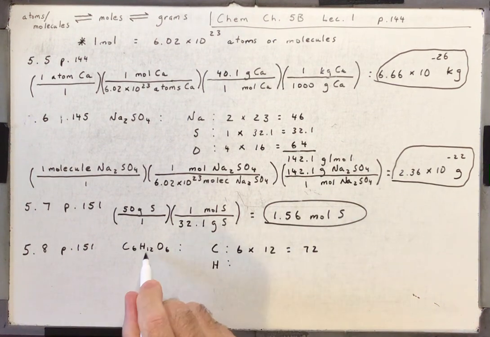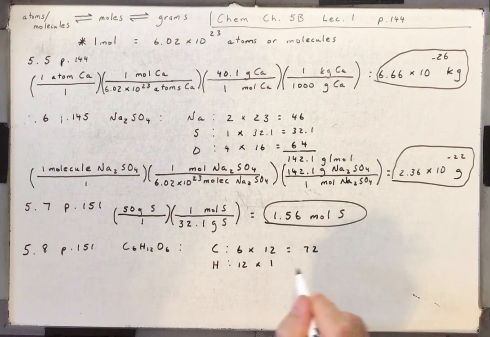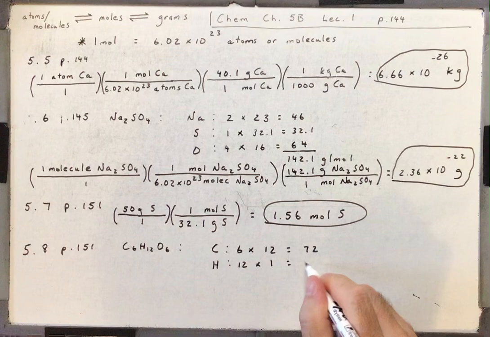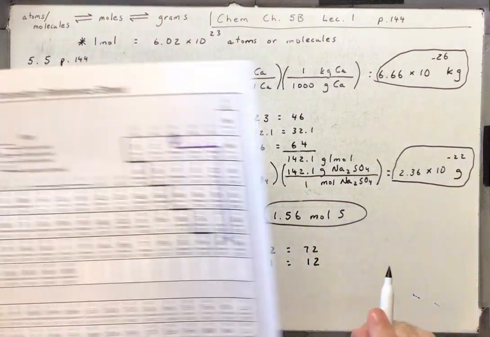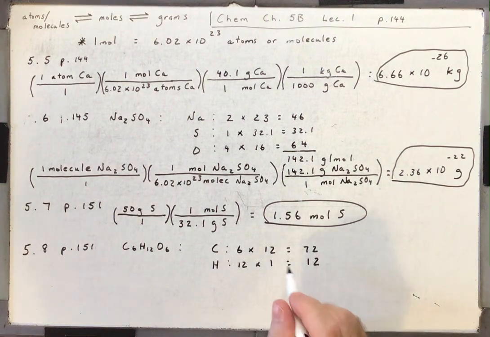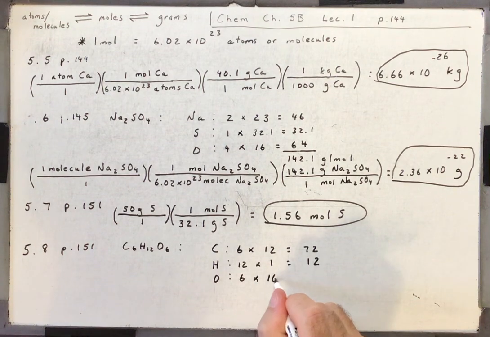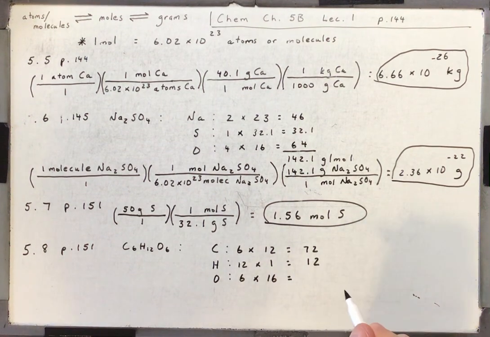Hydrogen, there's 12 hydrogens. Each hydrogen weighs 1 gram per mole. So that's going to be 12, right? Hydrogen is 1. You don't have to do 1.01. And then oxygen, there's 6 of those. Each oxygen is 16 from the periodic table.